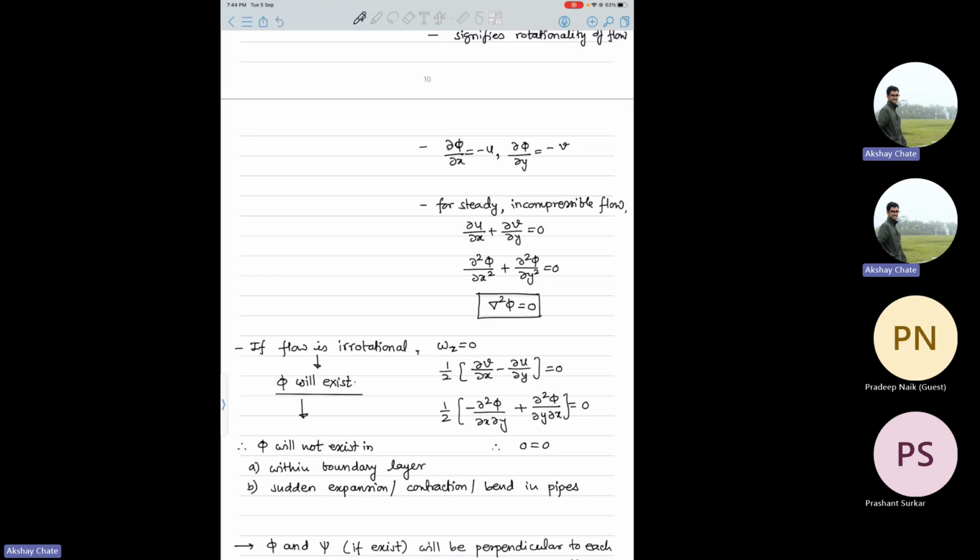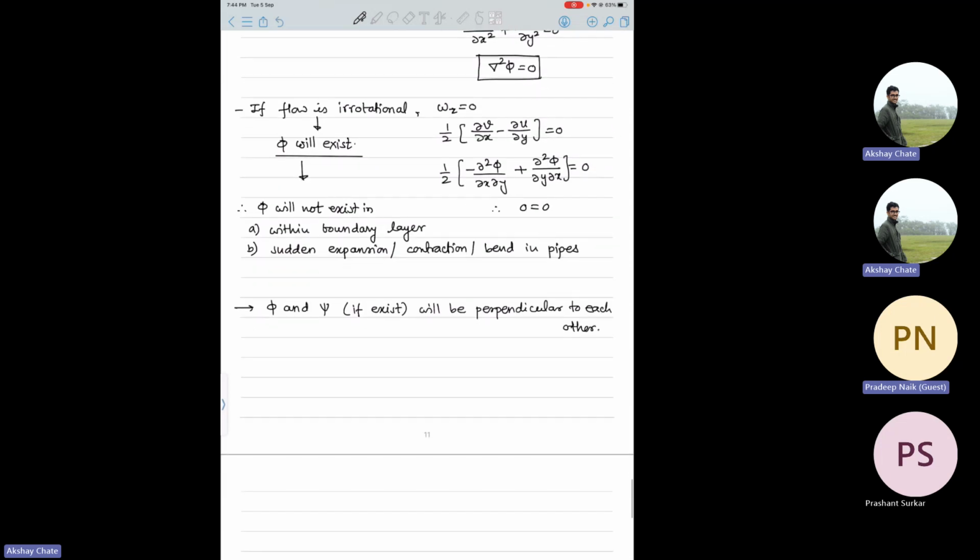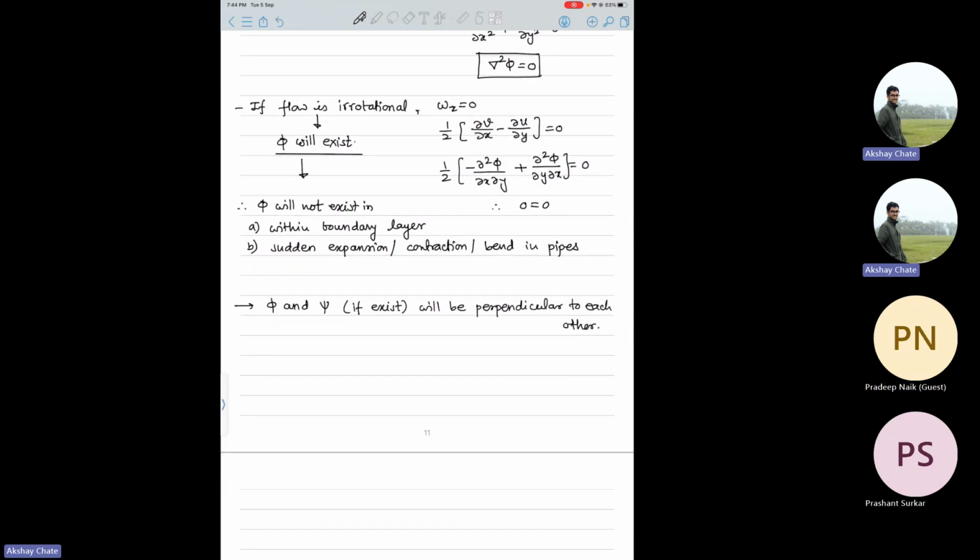So you can say if phi is constant along any potential line, there the flow will be irrotational because omega z becomes 0. Okay, sir. So phi has to have a number to become irrotational. Yeah, because if there is zero velocity, for example if there is a particle with zero velocity, then you cannot say whether it's rotating or moving or standing, right? Zero is the trivial solution. Got it, sir.